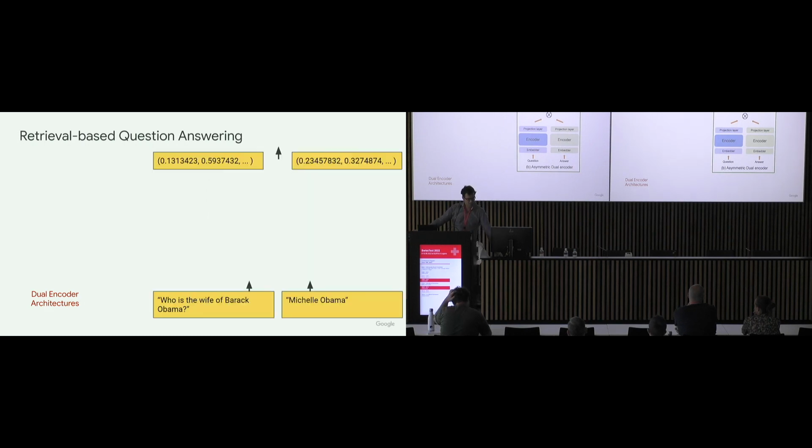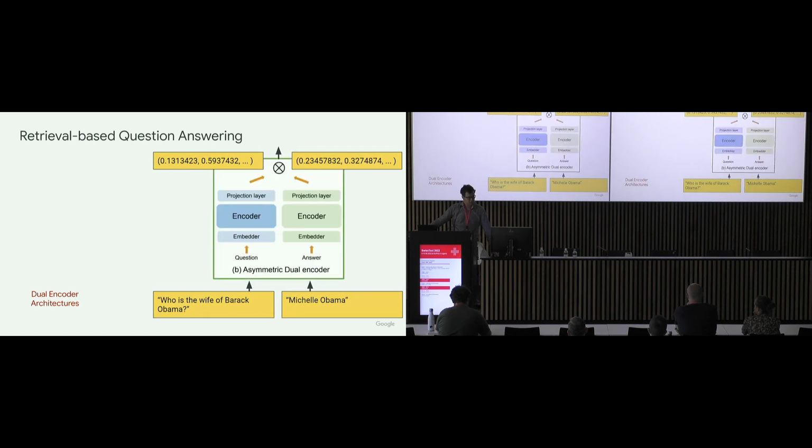In the asymmetric dual encoder, we have two encoding towers, and in the specific case of question answering, we use one to encode the question and the other one to encode the answer. This is an example. We have a closed book QA dataset, and let's suppose this is an item in this test set: who's the wife of Barack Obama as the question, and Michelle Obama is the expected answer.